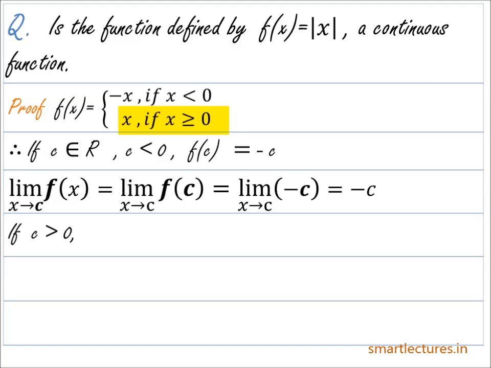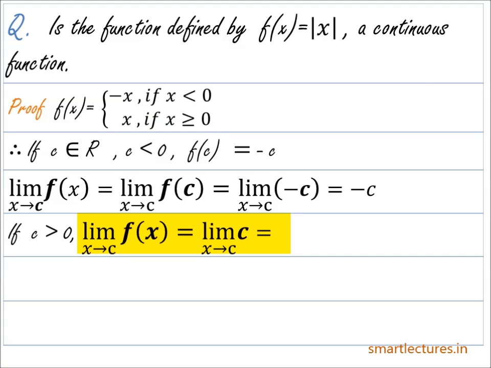So now the value of the function at point c is equal to c. And now let's find out the limit of this function when x approaches c, f of x, which is equal to limit x approaches c of x, equal to c.